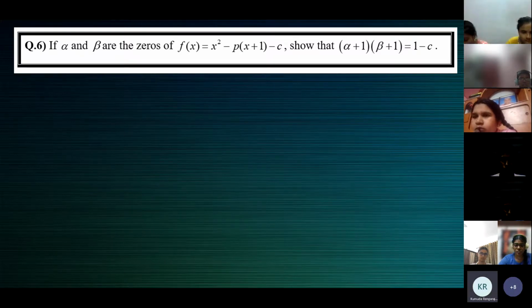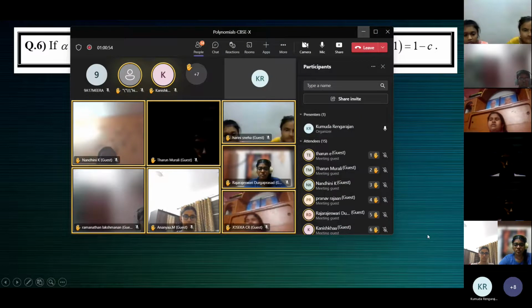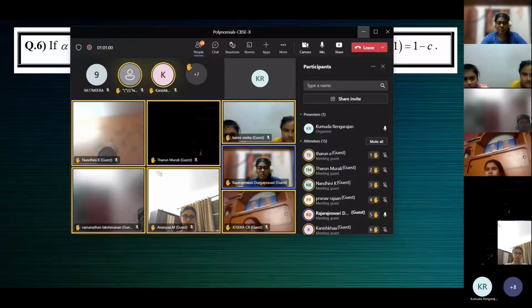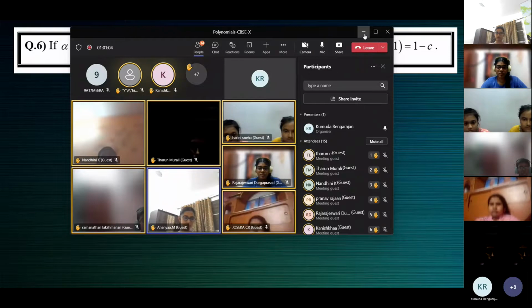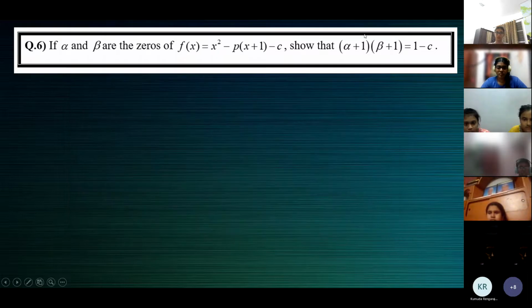Here the variable is x. Do all of you feel the polynomial is in the standard form? It is not in standard form, ma'am. Instead of the x term, there is p into x, minus p into x plus 1.